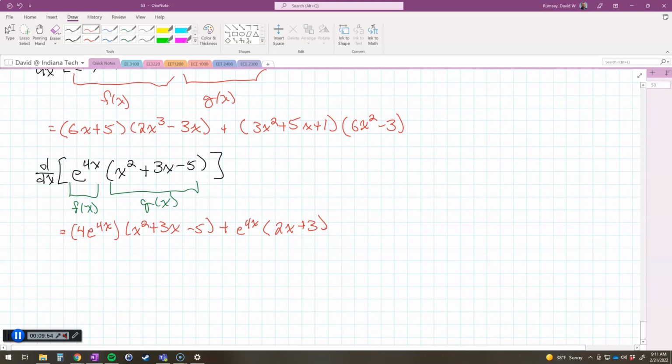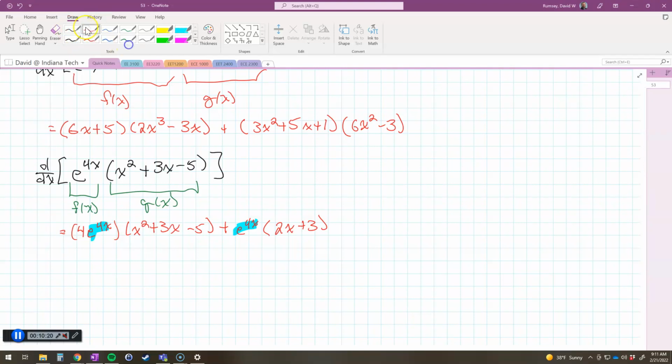Now, in this case, you can simplify these out more here, because what do we have here? Notice that we have an e to the 4x in both of these two terms, because we really have two terms. Why do we have two terms? A term is separated by like a plus or minus, is the way I like to think of it. I mean, that's not technically true, but this is one whole term that we haven't multiplied out, but it's one whole term there.